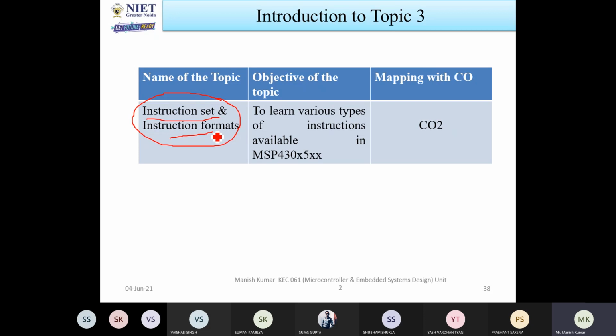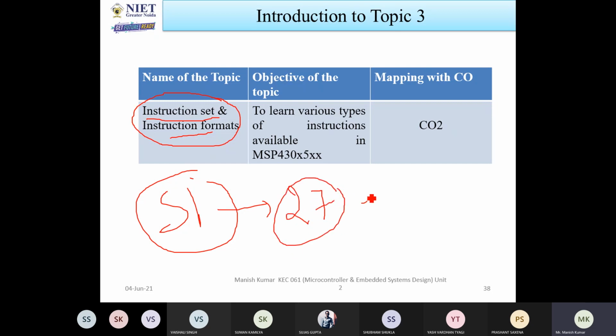Yesterday I already discussed that there are 51 instructions available. Of those 51 instructions, 27 are main instructions and 24 are called emulated instructions, which means they are derived from the main instructions.